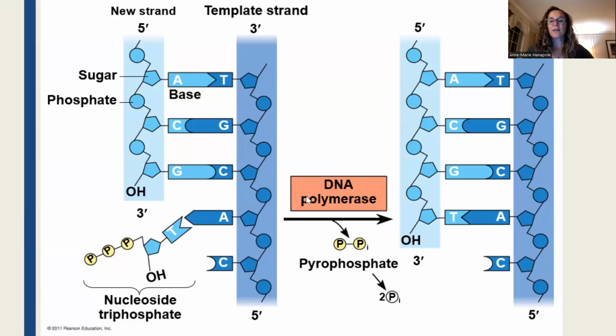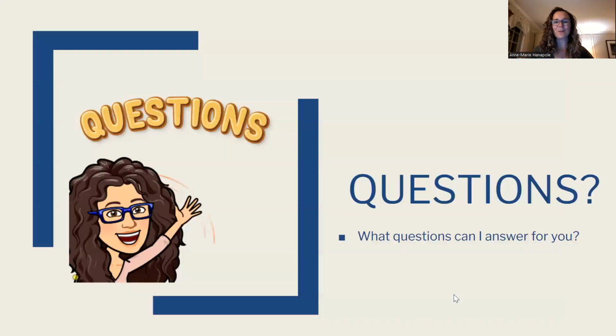And so the DNA polymerase will actually remove 2 phosphate groups and then covalently bond that nucleotide on to that growing strand. And DNA polymerase can only do it in that way, so you always have the new strand being made 5' to 3'. But again, we'll get into that a little bit more as we go.